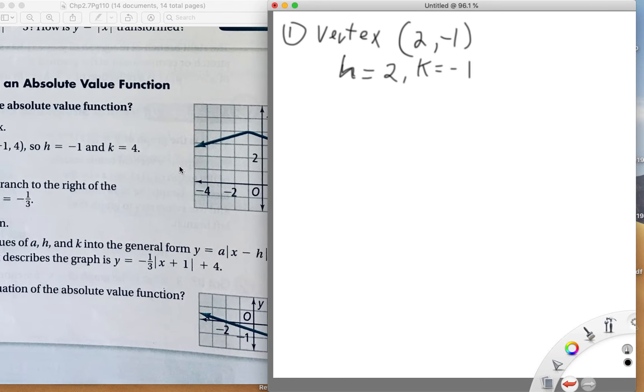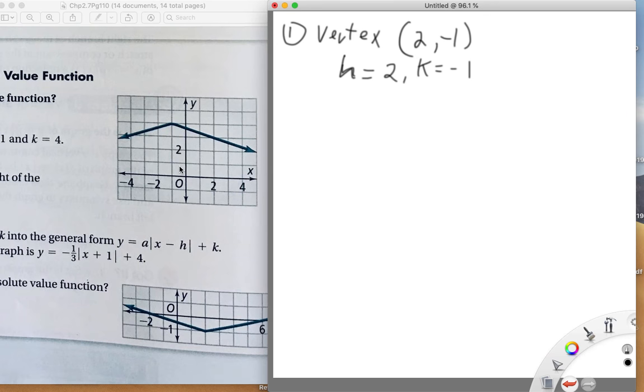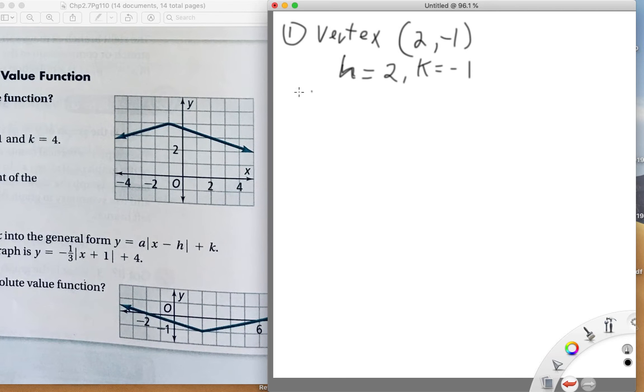Next step I want to do is find that slope. So I would take the slope from the vertex. It looks like it's a wider one, and from branching to the right, it's a positive slope. So a is going to be positive, and it's moving 1 spot up in my rise and 4 spots to the right. Remember, it's rise over run.